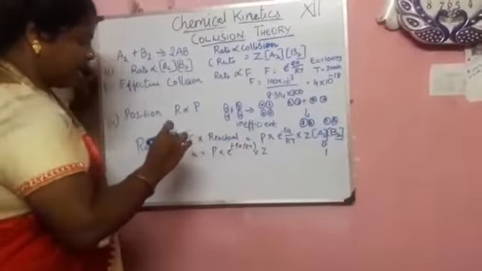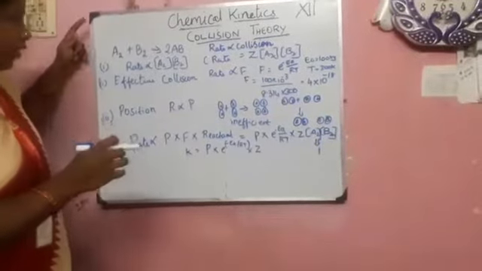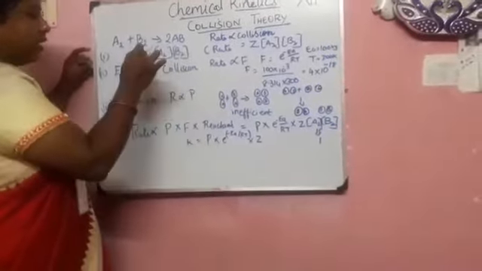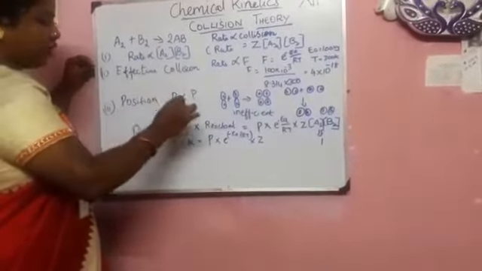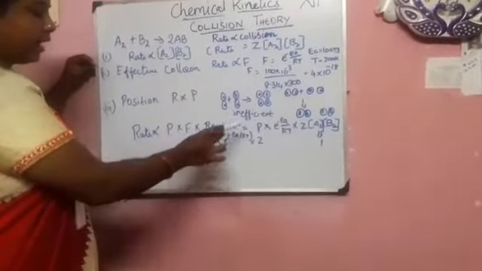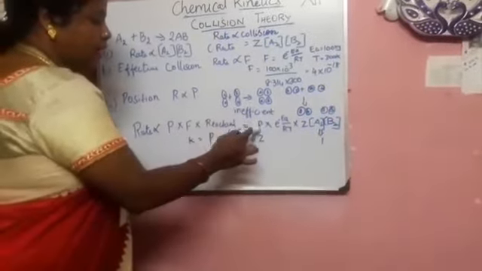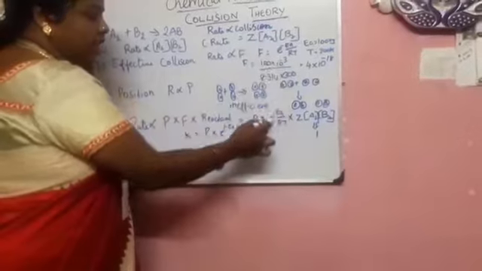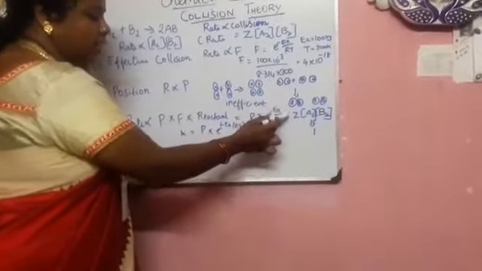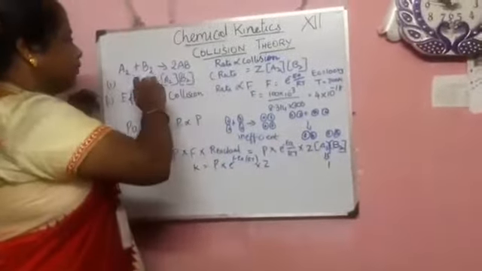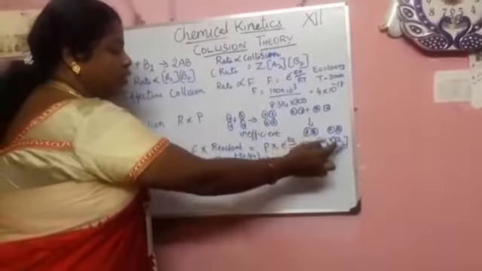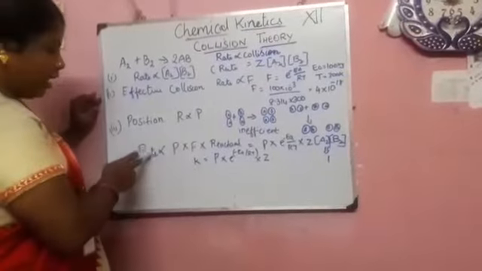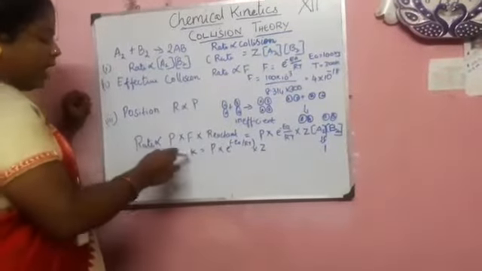We have to combine all the values. The rate is directly proportional to the rate constant, the effective collision F and the position P, into the reactants. So rate equals P into F, where F is e to the power of minus Ea by RT, into the reactants A2 B2, where K is the rate constant.